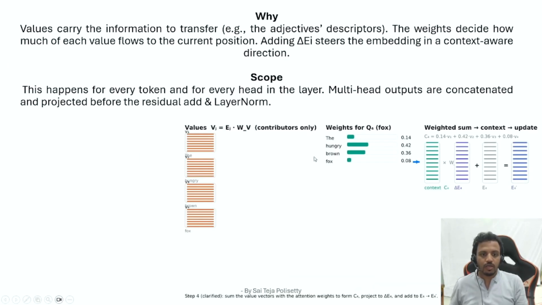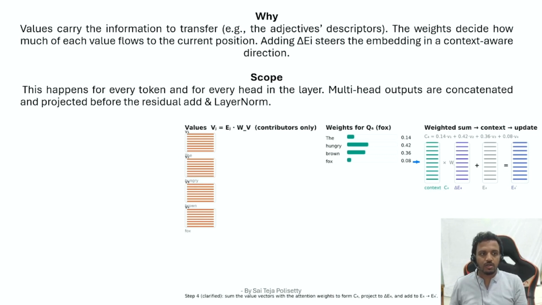We are going to sum all the values, meaning the context where we had relevance: the relevance multiplied by the value vector, again and again. We sum it all up and get something called C4, let's call it context 4.